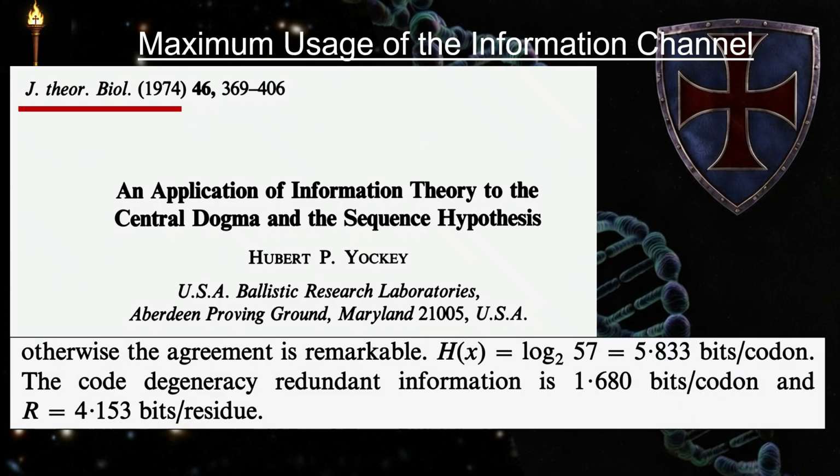And in there, he talks about three values. 5.833 bits per codon, that's the maximum information that's input. He talks about 1.680 bits per codon, which is the error correcting information, and 4.153 bits per residue, which is the output information.